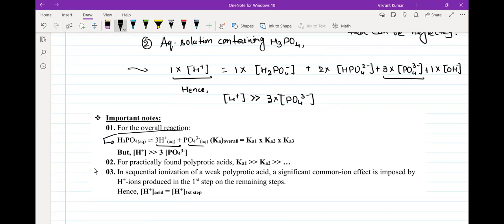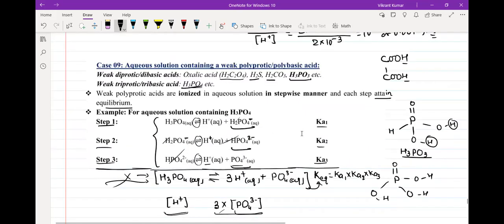That's one part. Now इसी को reaction से कैसे समझेंगे? Why we are saying ये 3 times से भी ज्यादा होगा? The first step का equilibrium will be achieved, then the produced H2PO4 minus will be equal to the produced H plus in the first step. Only a part of that is again ionized, is producing H plus, and then HPO4 2 minus is produced.